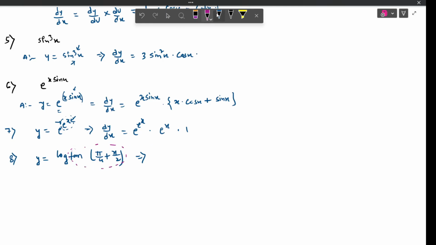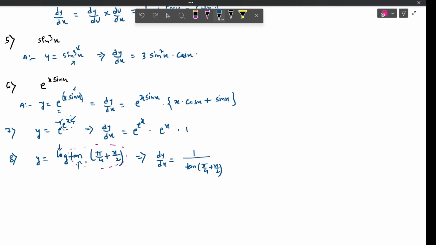So what is the differentiation of log of x? That is 1 by x, right? So it would be dy by dx equals 1 by tan of pi by 4 plus x by 2, right?